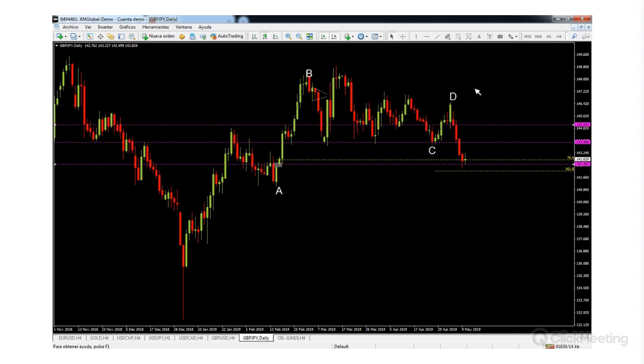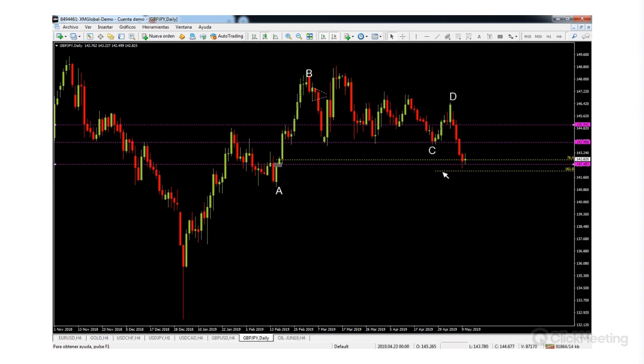which are targets. These ratios are used as targets by some traders, and the reason that they do work as areas of support or resistance is because they are used by a lot of traders as targets. All right.